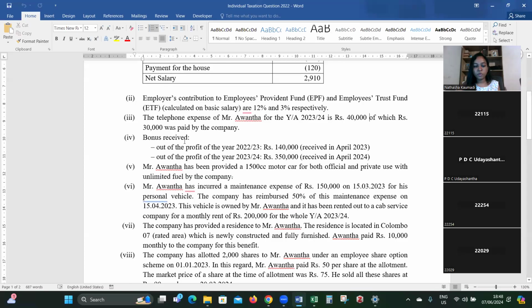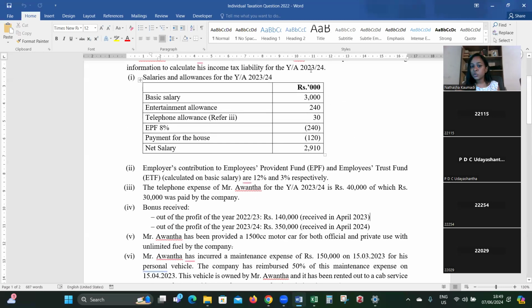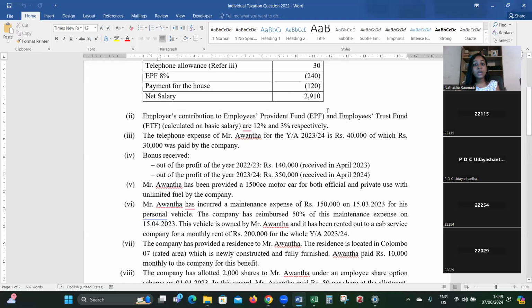And then number 4, bonus received. There are two points. First, out of the profit of the year 2022-23, that means the previous year, 140,000 rupees, but the bonus was received in April 2023. What is our year of assessment? It is 2023 to 24, that means from 1st April 2023 to 31st March 2024.